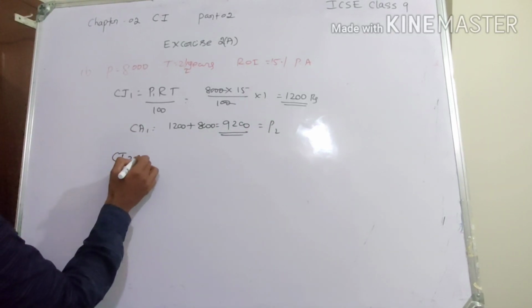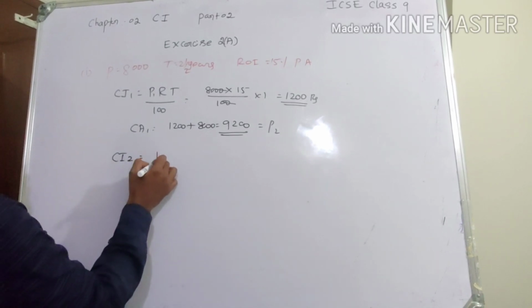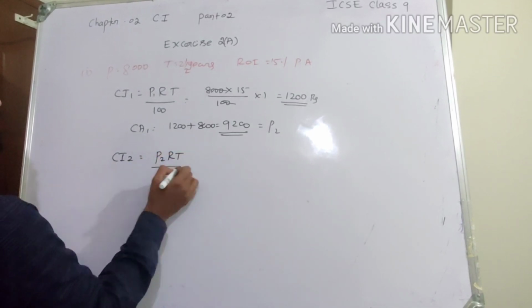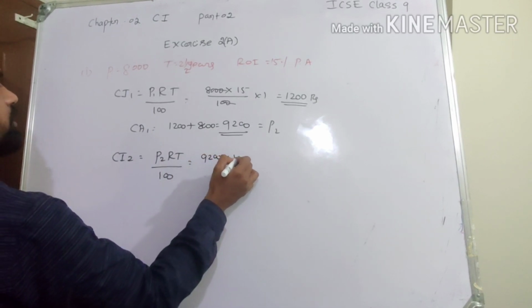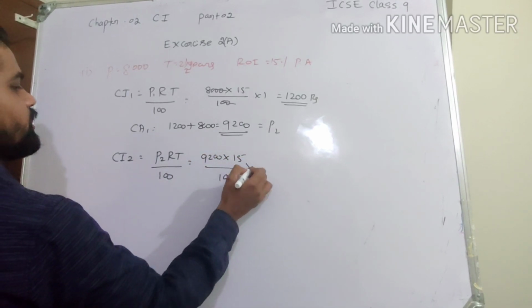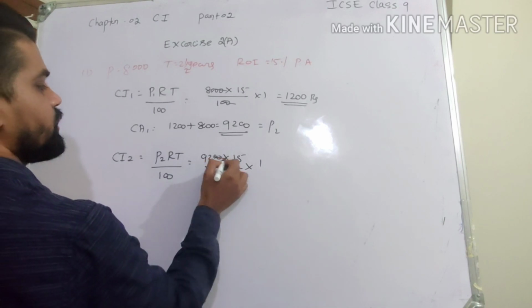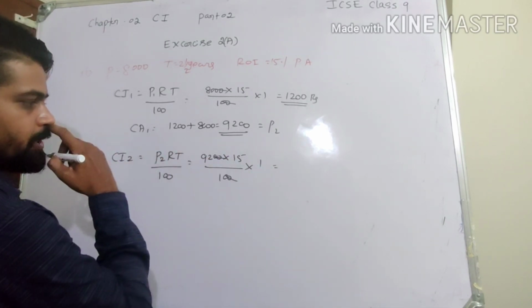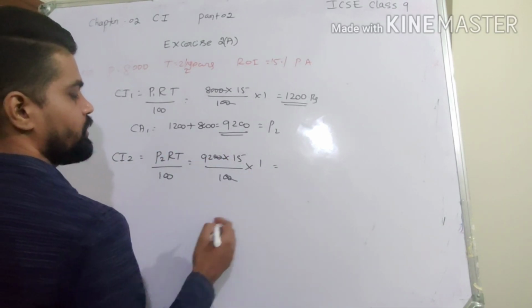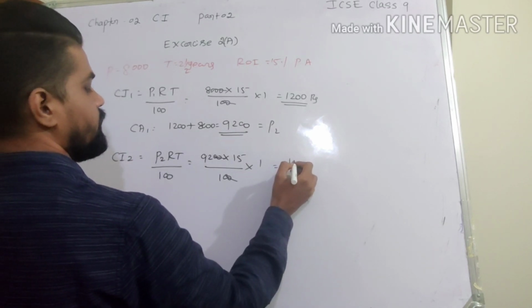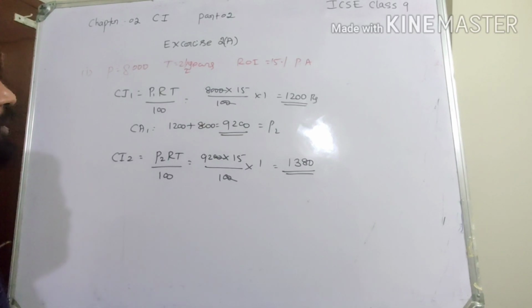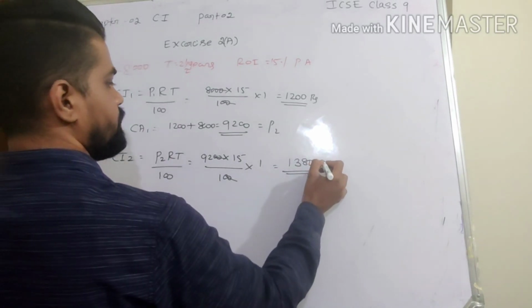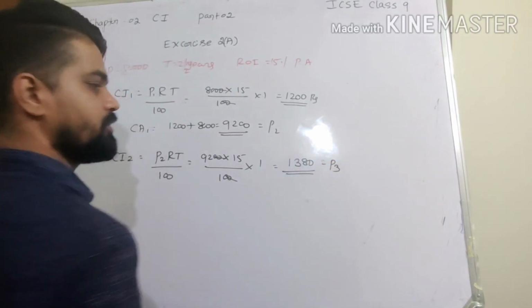In the second year, it is P2 RT by 100. So P2 is 9,200, rate of interest divided by 100 into 1. The zeros cancel again. 15 90s are 1,350, 15 2s are 30. Yeah, 1,380.